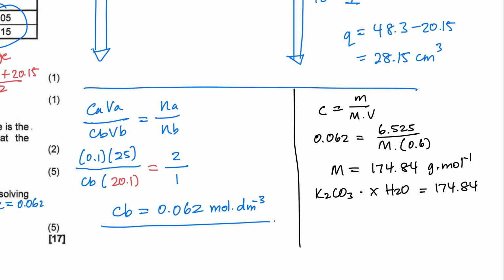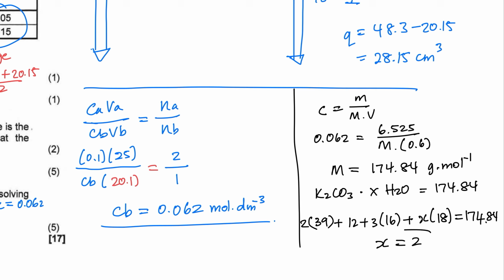So potassium is 39, we have 2 of them, plus carbon is 12, we have 1, plus 3 oxygens, and each one is 16, plus we don't know how many waters there are, but each water has a mass of 18, and that's equal to 174.84. Now we can solve for X. X is equal to 2. And so there are 2 water molecules attached to the K2CO3.